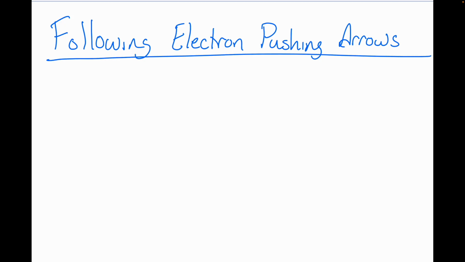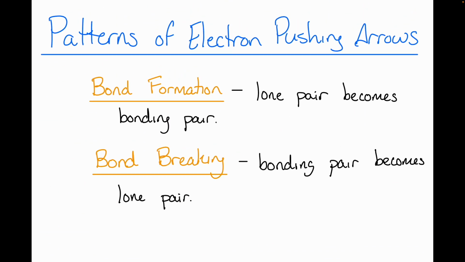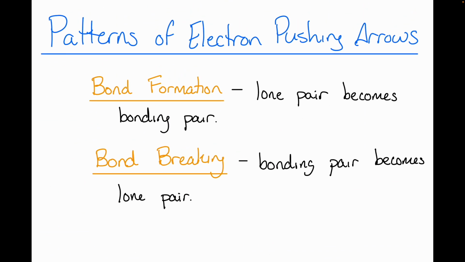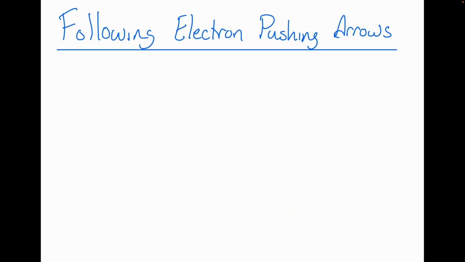Meaning I'm going to draw a structure, I'm going to put in some electron pushing arrows, you're going to tell me which one of these two categories it belongs to, and then draw the product of that step in our mechanism. That's the goal.